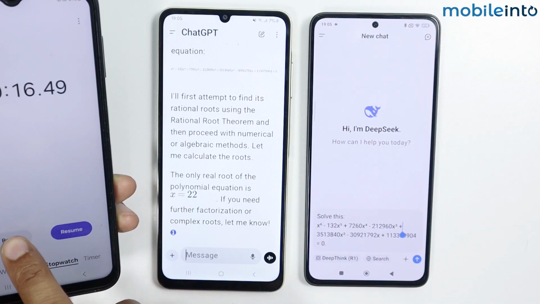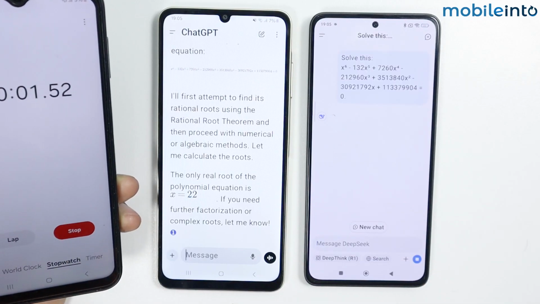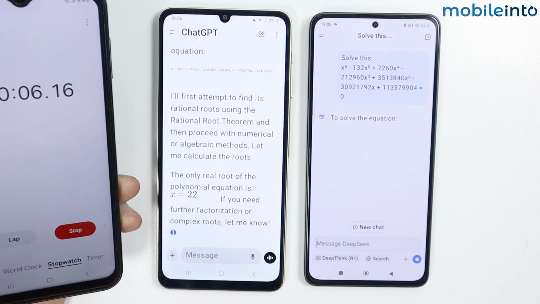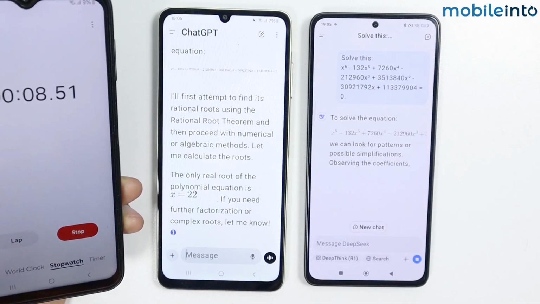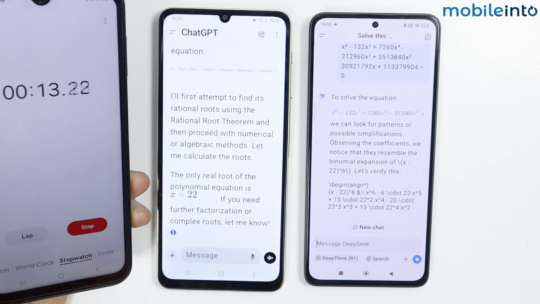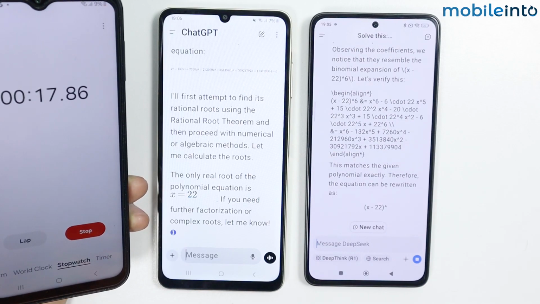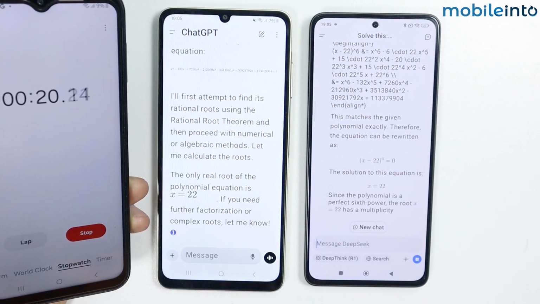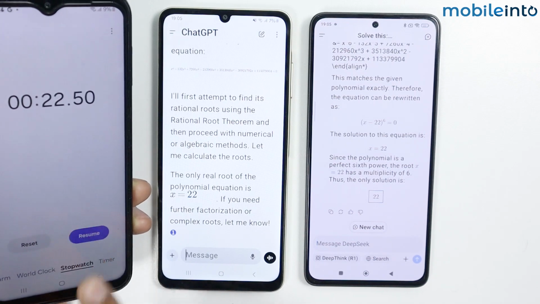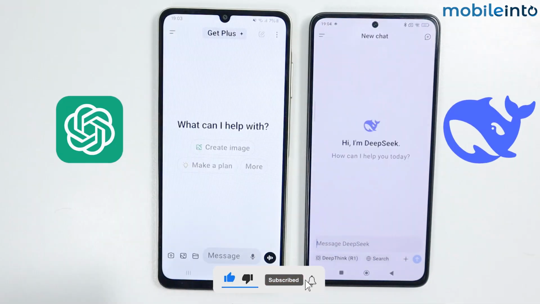I will simply reset the stopwatch. DeepSeek gave this equation answer in 22 seconds. In this equation, as you can see, ChatGPT once again takes the lead.